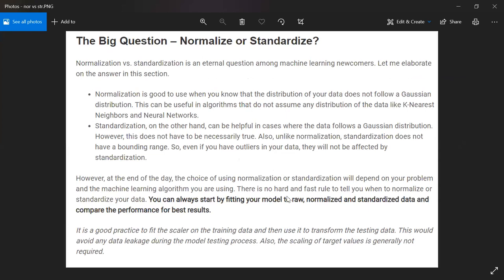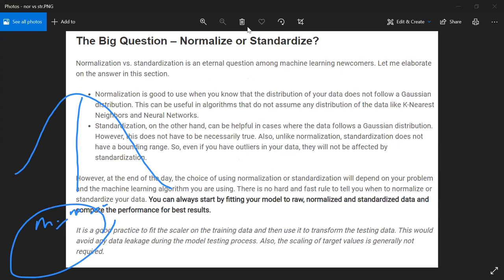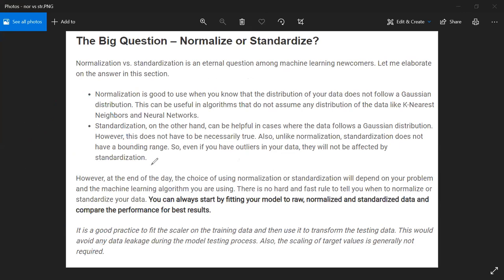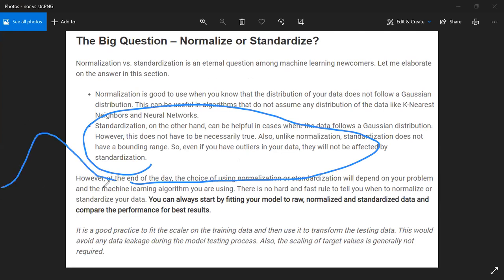What is a Gaussian distribution? Normal distribution. In a normal distribution, mean equals median equals mode. So in most cases we use standardization because the data follows a Gaussian distribution. Clear, guys? Most use cases use StandardScaler rather than the normal scaler. I hope you understand what exactly I'm saying.